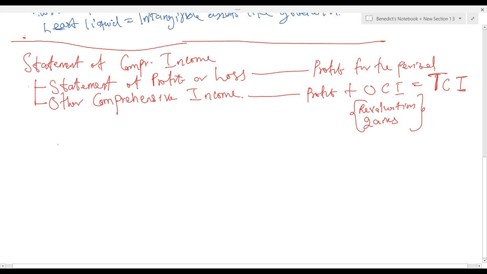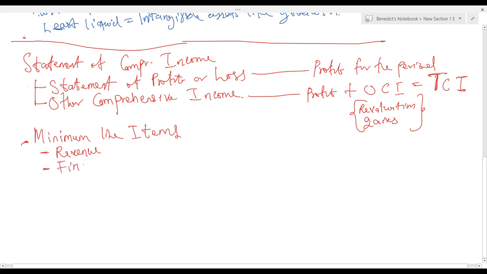Alright, so now what do you have here? Now there are some minimum line items. Minimum line items are the items that must be presented on their own without being aggregated with other items. Okay, and in this case, revenue is a minimum line item.